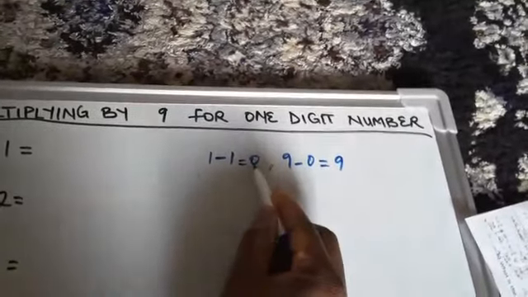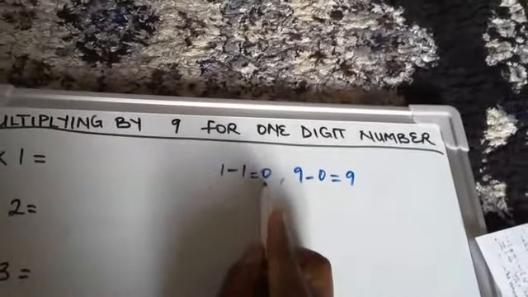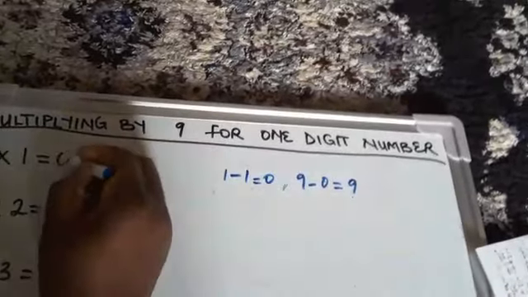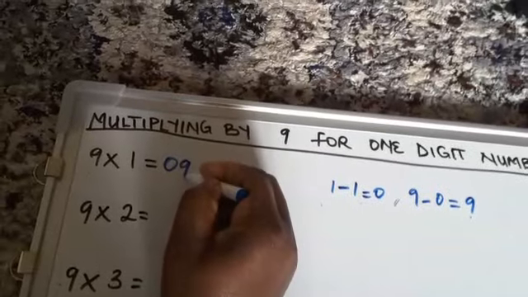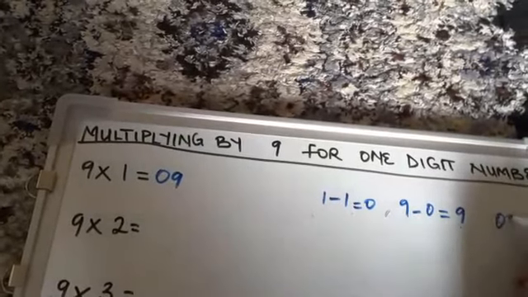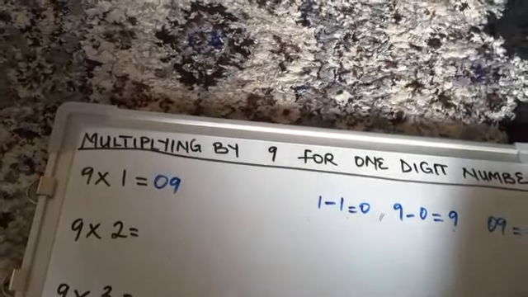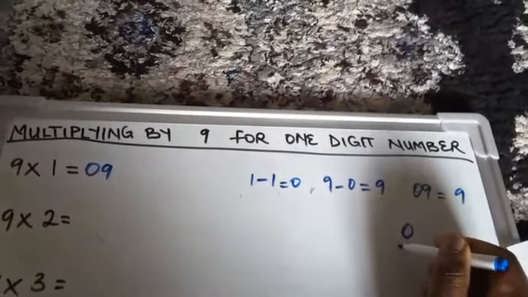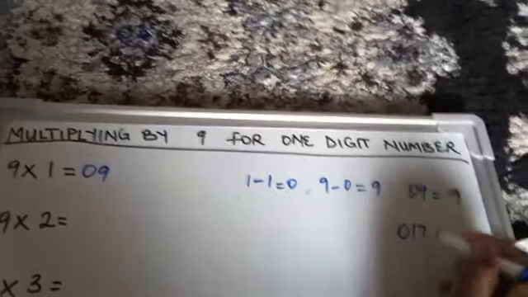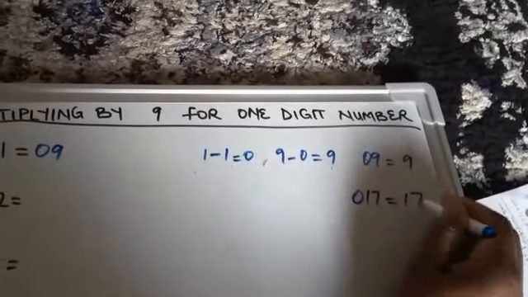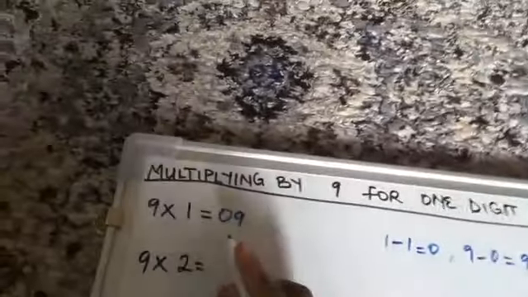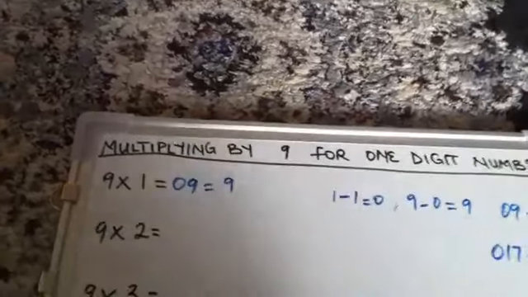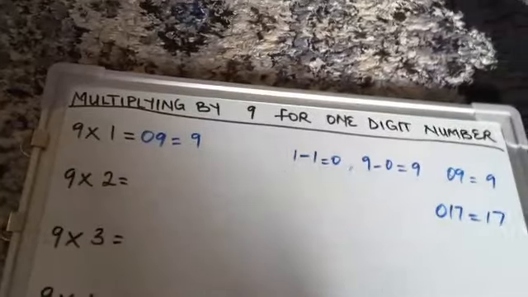When writing the answer, you write this first before this, which is 0, 9. And 0, 9 is the same thing as 9. Any number that has 0 at the front, like 017, is the same thing as 17. So 0, 9 is the same thing as 9. 9 multiplied by 1 is 9.